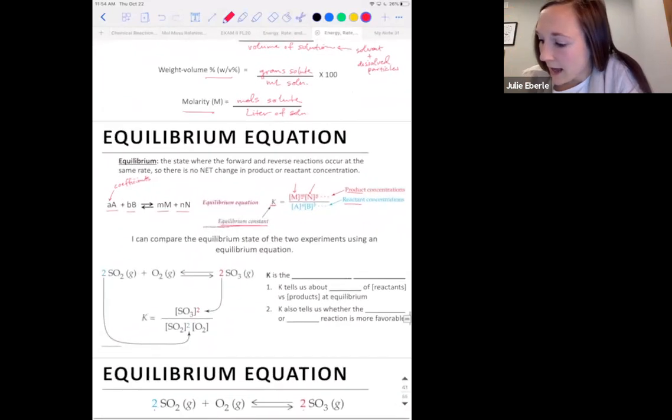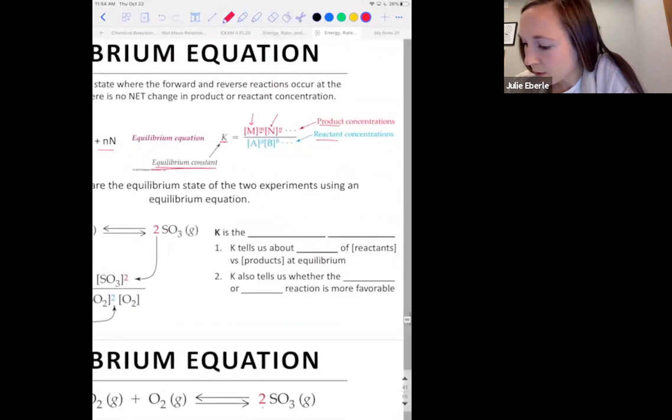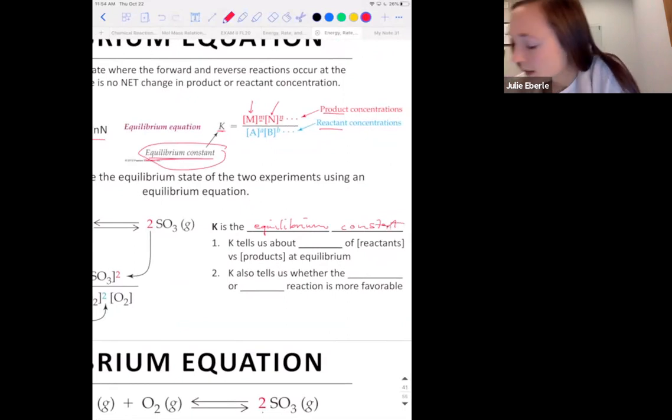All right, so let's say, well, real quick, before we do this, K, I think we already defined it. I think these things are just supposed to say equilibrium constant. Equilibrium constant. All right, I forgot an N. And K tells us about the ratio. That's what I was saying earlier.